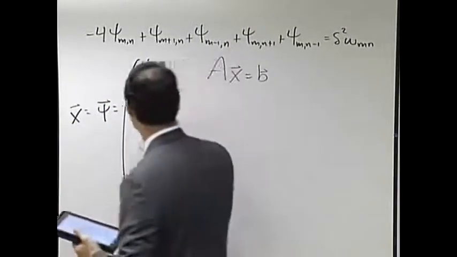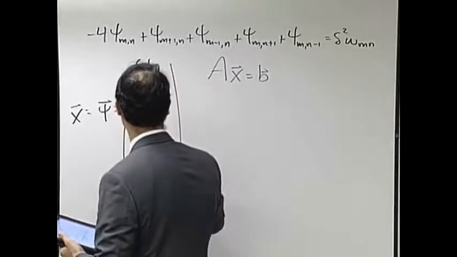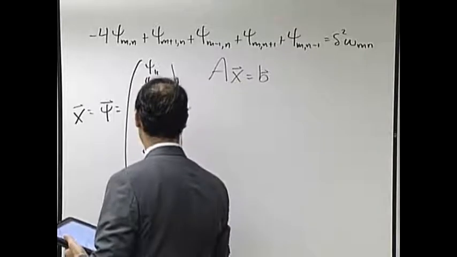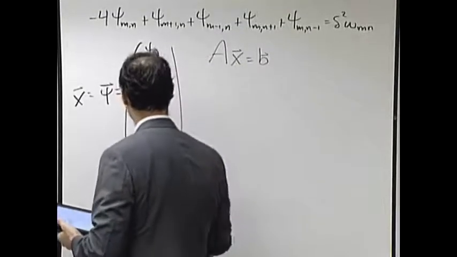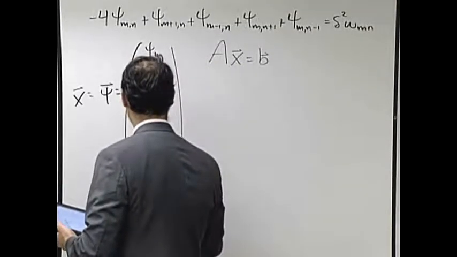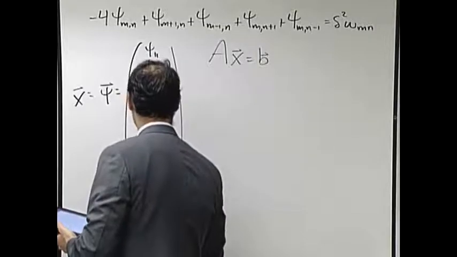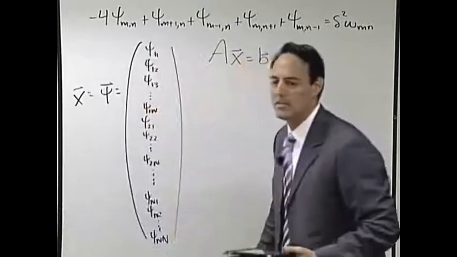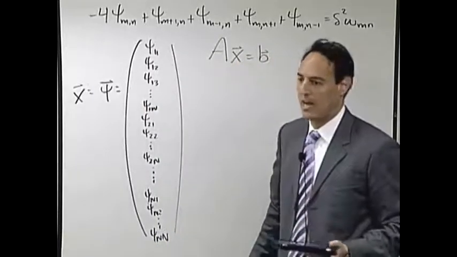And on top of it, I'm going to stack psi 2,1, psi 2,2, all the way to psi 2,n. All the way to psi n,1, psi n,2, all the way to psi n,n. There is my stacking of what I've got to solve for.